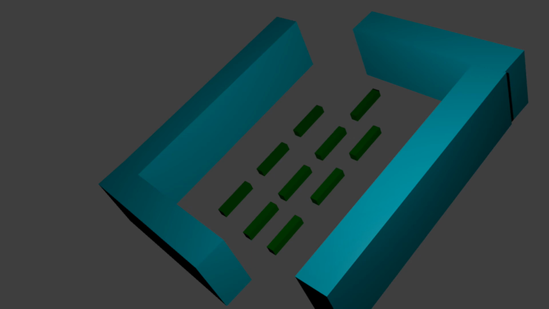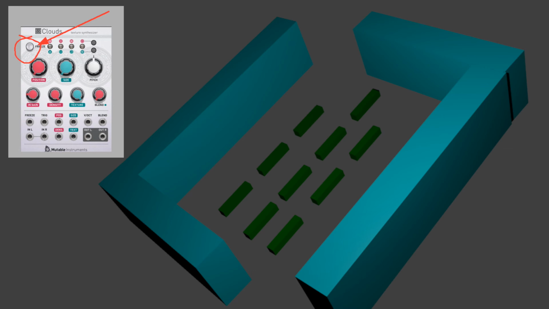But sometimes the grains are lazily hanging out in the buffer while they are manipulated by Clouds. Nobody comes in and nobody leaves the storage room, the buffer, and Clouds has got all the time to thoroughly beat these lazy grains up. We can generate this situation by simply pushing the freeze button.